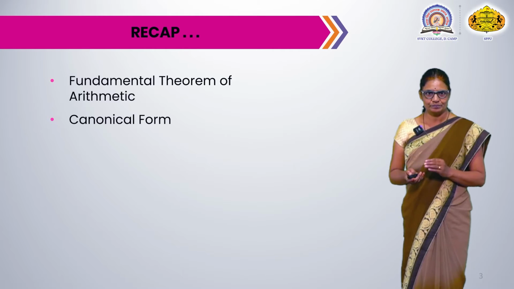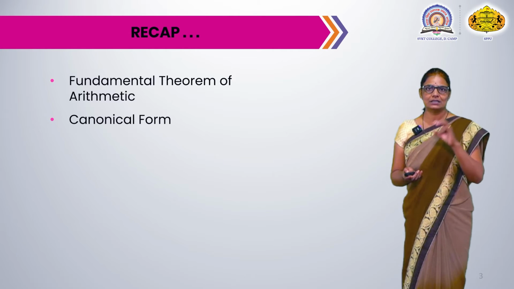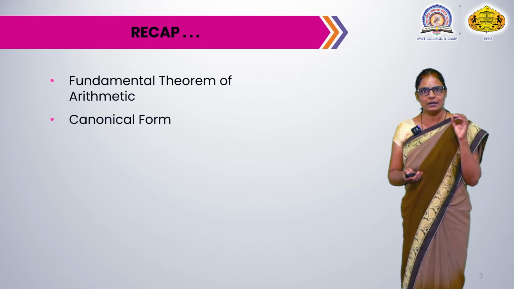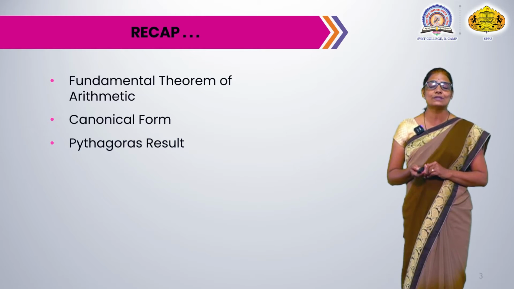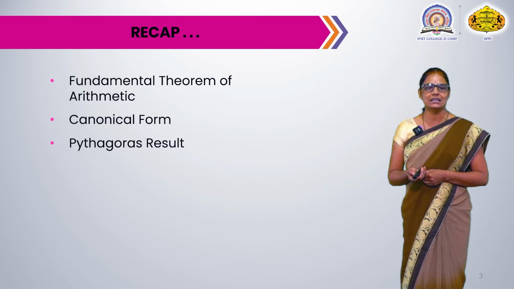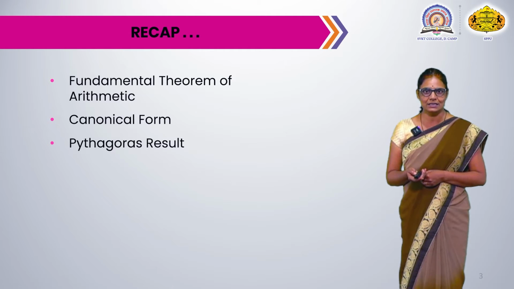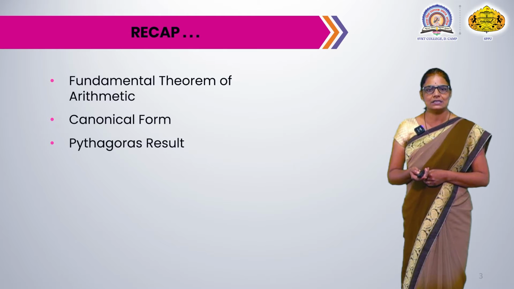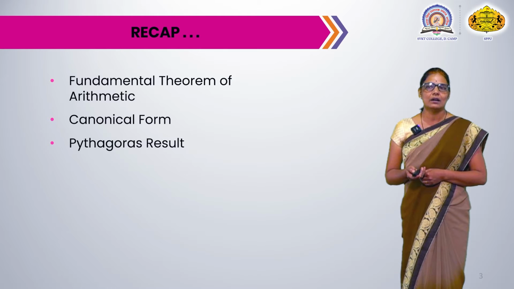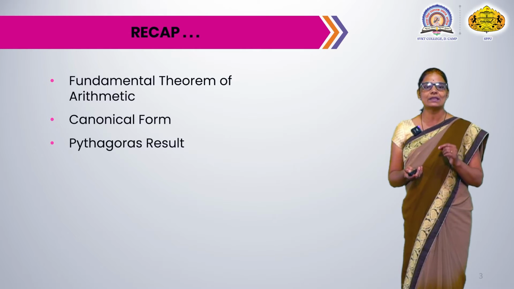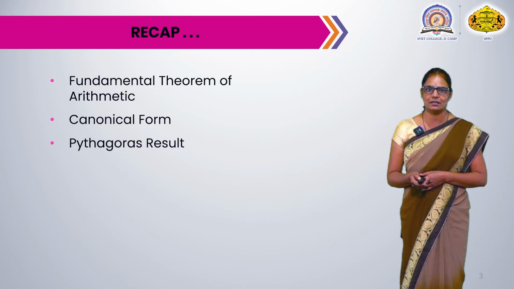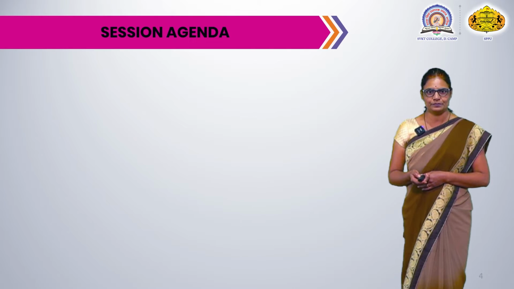So this is called the canonical form of 18. Also we have studied a famous result, the Pythagoras result, in which we proved that root 2 is an irrational number. We proved this result by using the fundamental theorem of arithmetic.